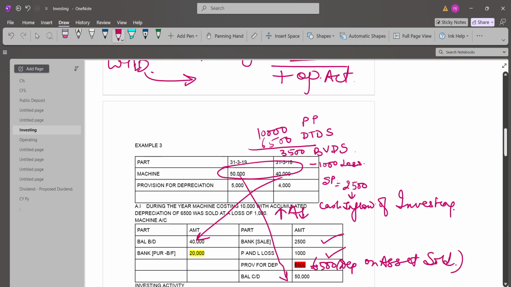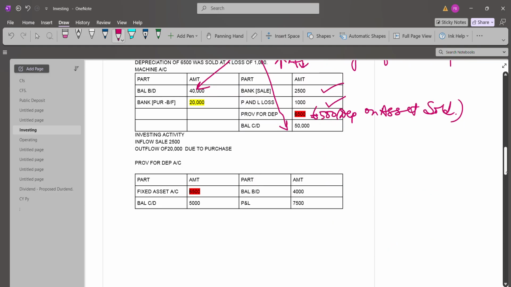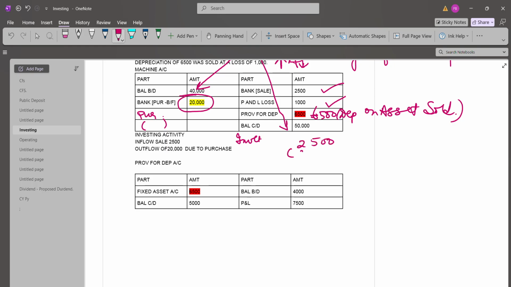We have sold a machine of 10,000 on which depreciation was 6,500. And we will get a balancing figure of 20,000, which is purchase. Purchase is an outflow. So in this investing activity, if we see, we have received 2,500, we have given 20,000. So this is an inflow, this is an outflow. 17,500 is the net cash used by us in investing activity.